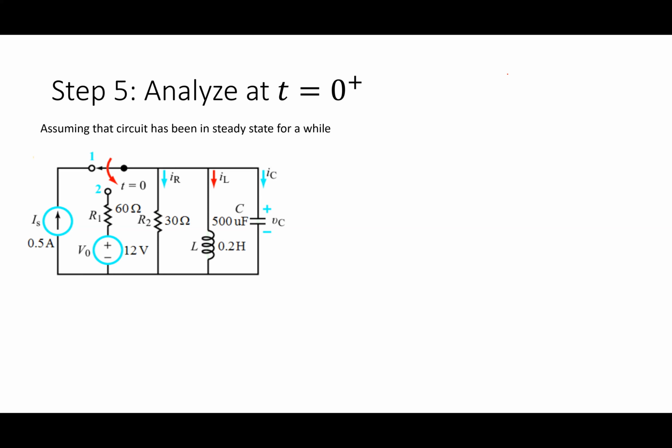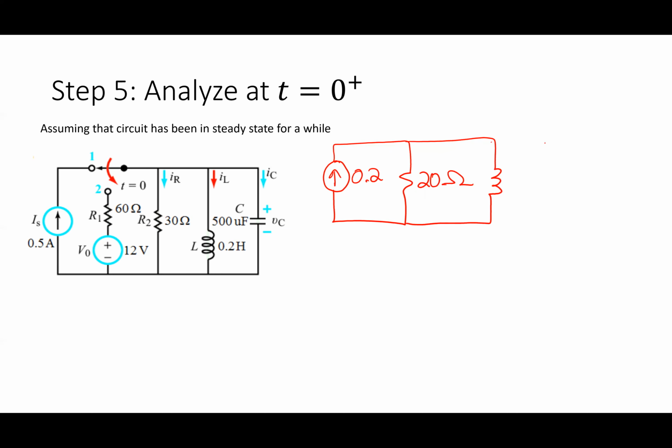All right, so let's assume now that the switch has moved at t equal to 0 plus. Okay, so we said that this particular circuit, we had simplified it down to 0.2 and 20 ohms. Okay, and we had the inductor and we had the capacitor.